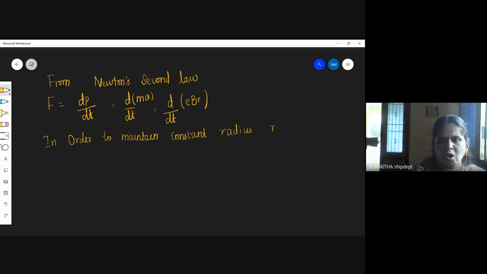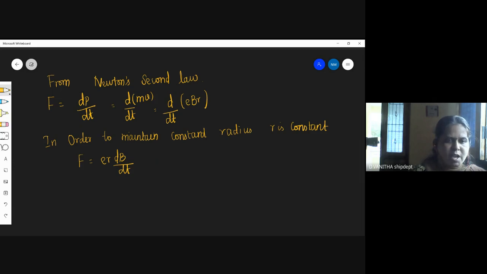Here R is a constant, so you take it outside. Here e is the charge of the electron, that is also a constant. So we can write F is equal to eR into dP divided by dt.